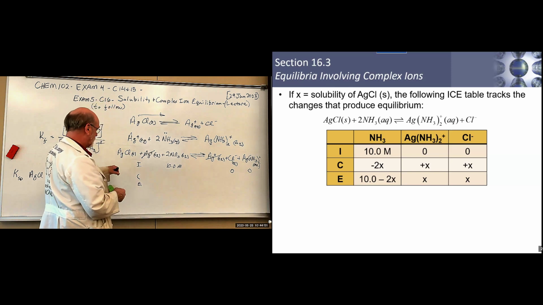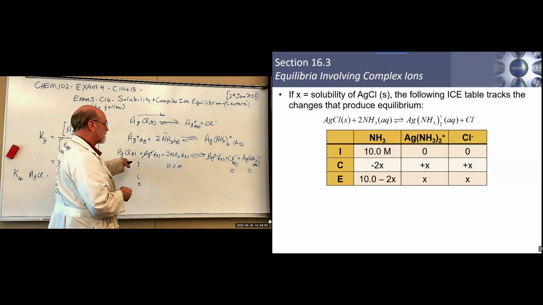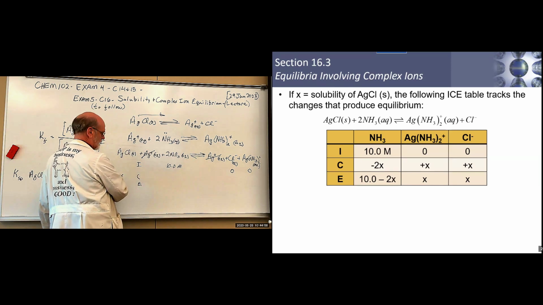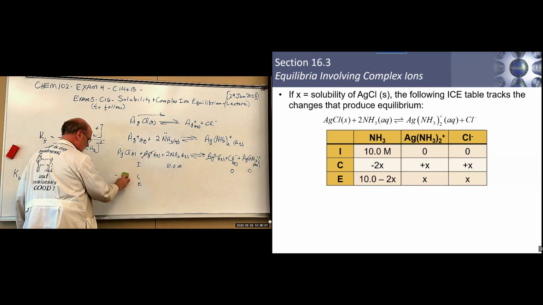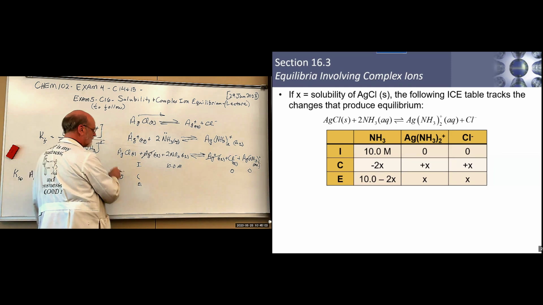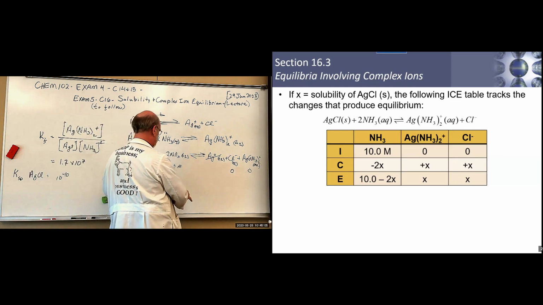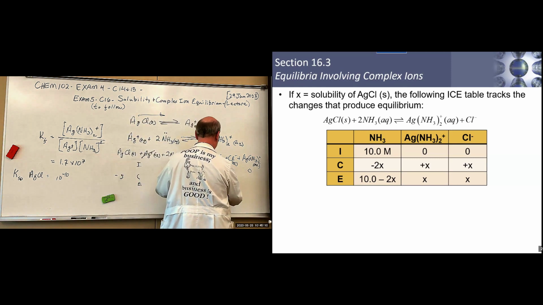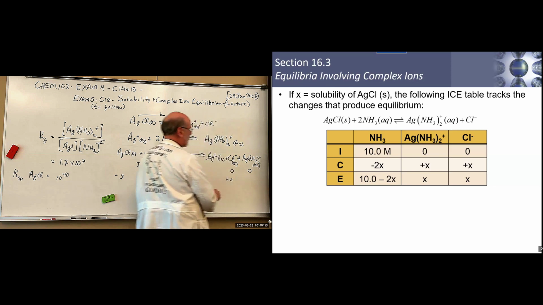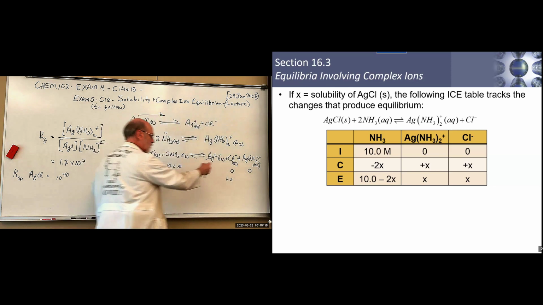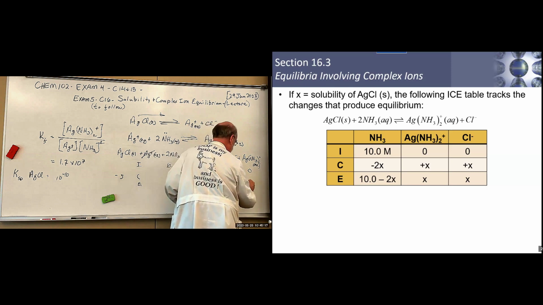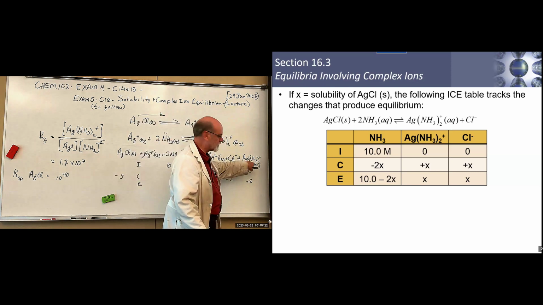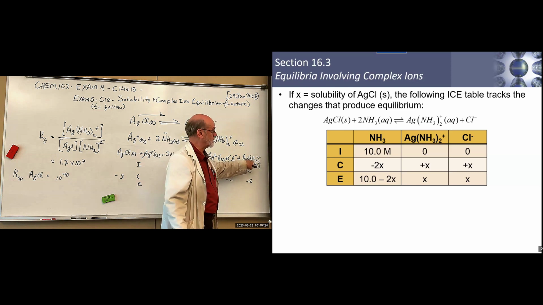And then if we're going to put X of this in solution, well, let's use S. I'm going to use S. We're going to put that much in solution. And what does it do down here? For every one of these, we should get one of these, and for every one of these, we should get one of those. So this is going to be plus S. But for every one of these that forms, we have to use up 2 ammonias.